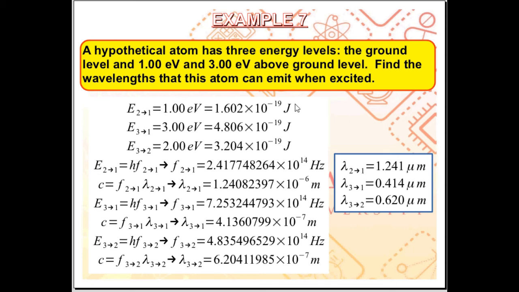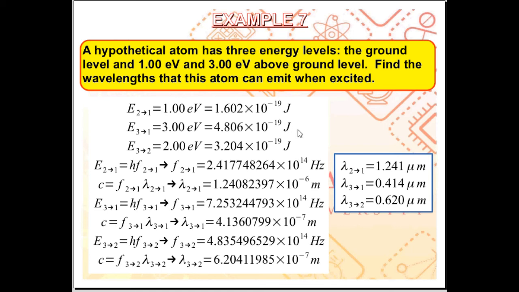So these are the three possible transitions that the atom can make and release a photon from a higher excited state to a lower one. Each of these transitions will produce a photon.